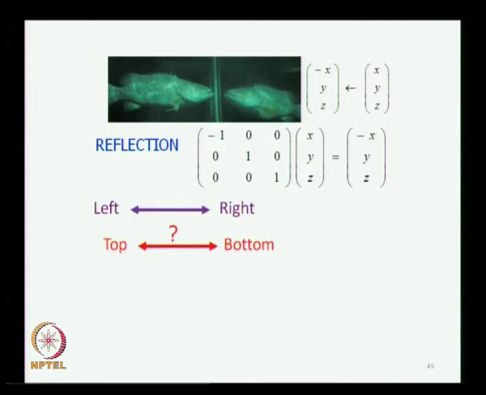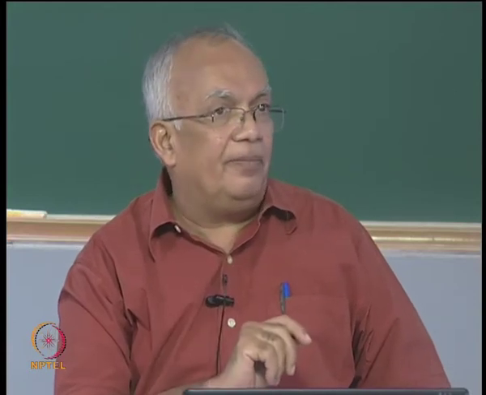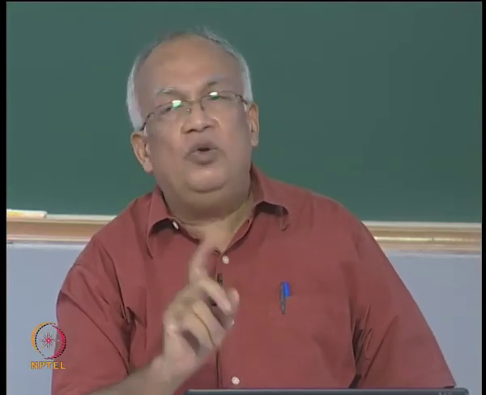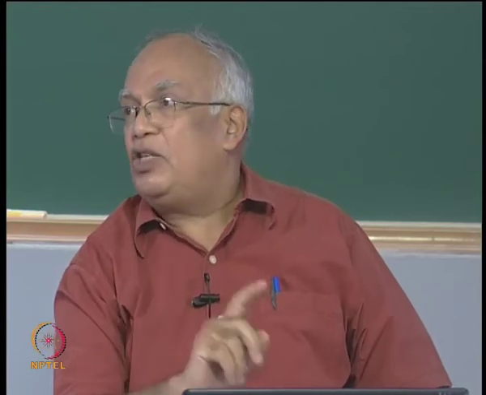Okay, that is what distinguishes reflections from rotations. The top would go to the bottom and bottom will go to the top. It is just a matter of what is the plane of reflection. Okay, but then again the matrix will have a determinant whose value is -1, as you can see.